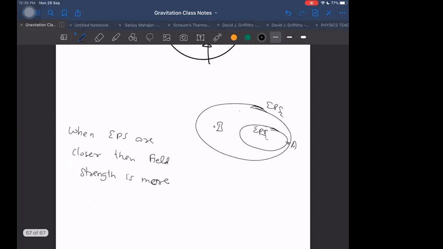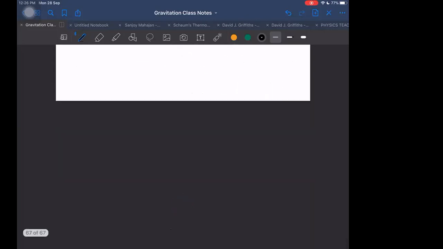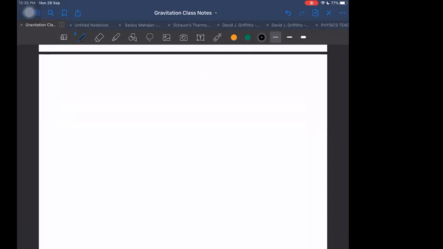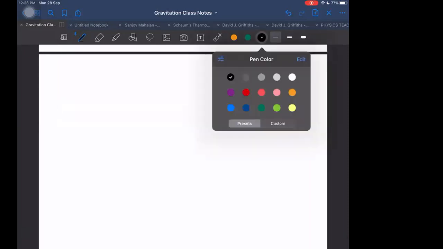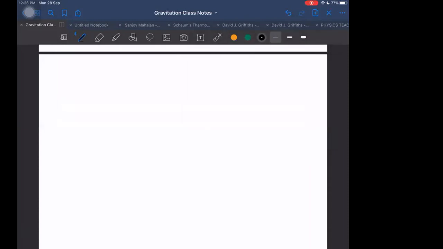So I think now you understand why I said in the beginning itself that this has to be a uniform field line. Next, we want to find out potential due to not only point masses, but due to continuous mass distribution. That is our main task now.